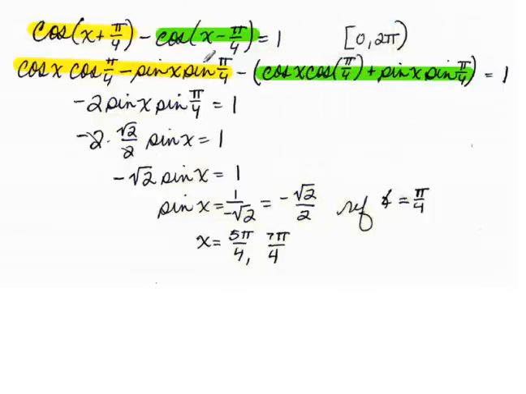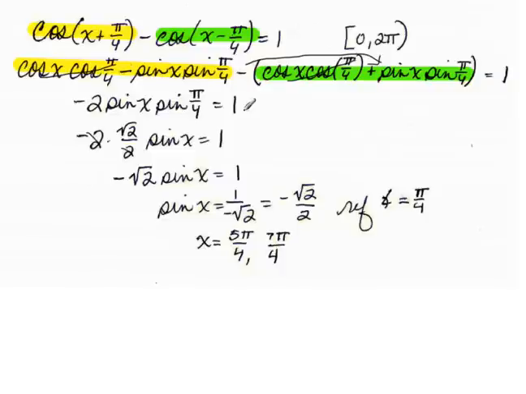Now, what I noticed is I have a cosine of x times cosine of pi over 4 over here, and I have the same thing over here, and it's going to be subtracted. So these are going to cancel out, and this negative sign gets distributed over here. So I end up with minus 2 sine of x sine of pi over 4.